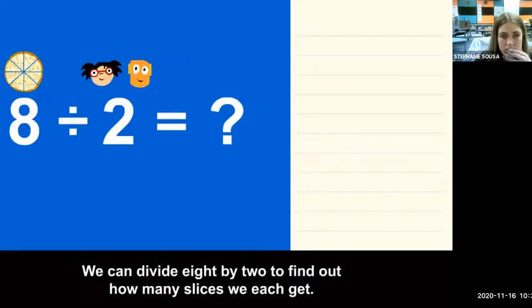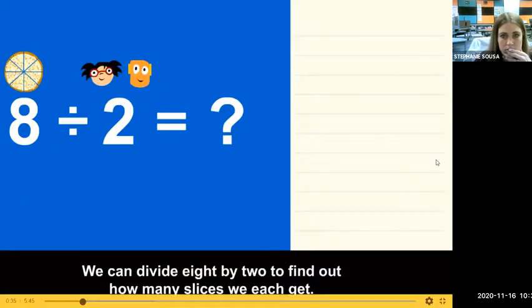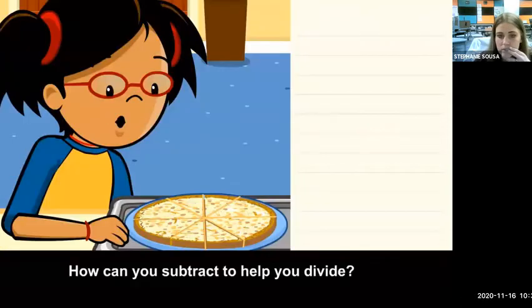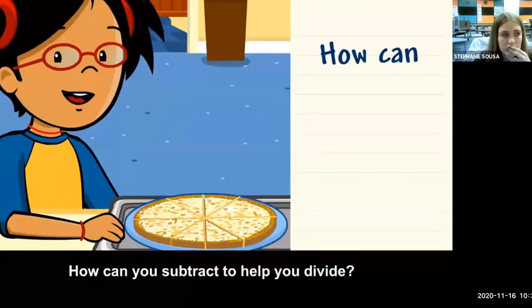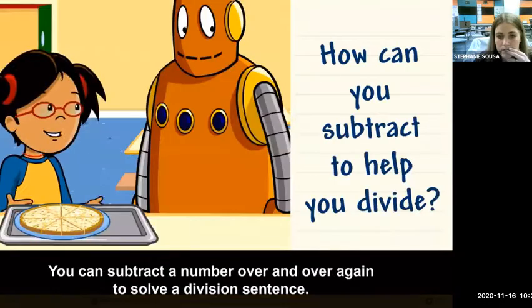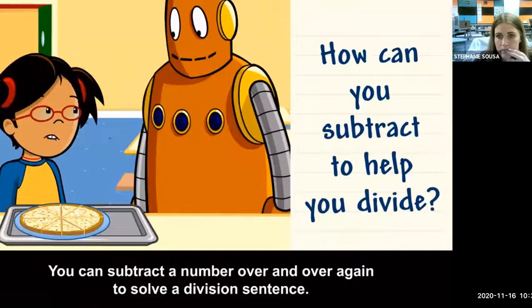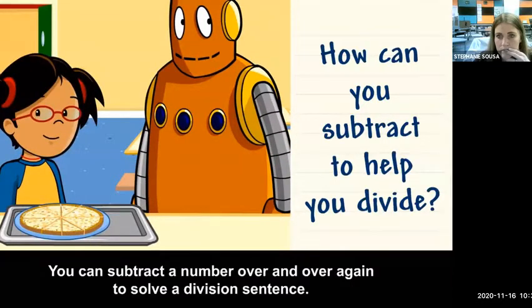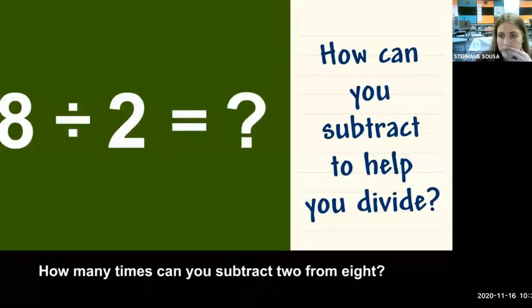We can divide 8 by 2 to find out how many slices we each get. How can you subtract to help you divide? You can subtract a number over and over again to solve a division sentence. How many times can you subtract 2 from 8?